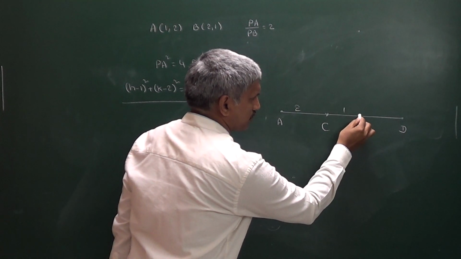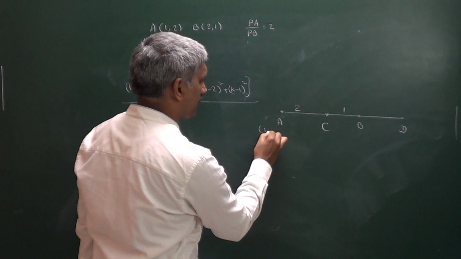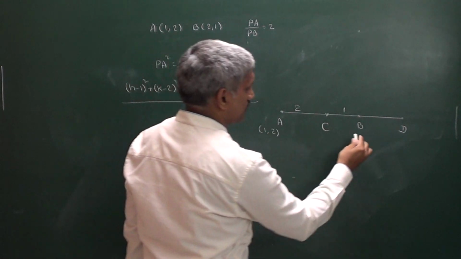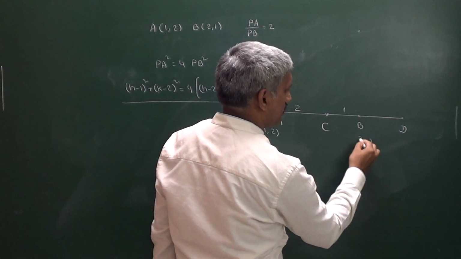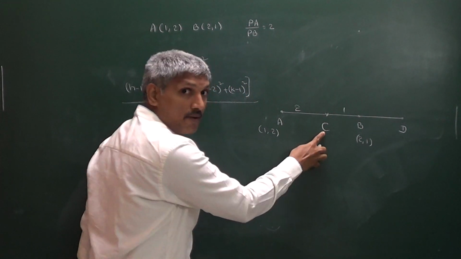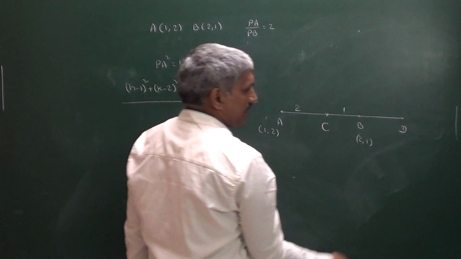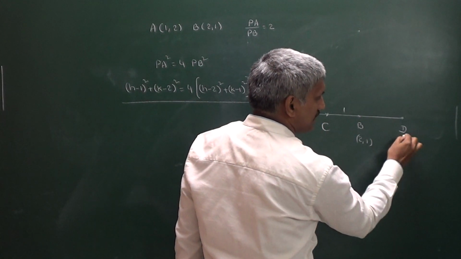So now here this point is A and this point is B. Those are the 2 points given for us, (1, 2). The other point is given (2, 1). I hope everyone knows how to find the coordinates of C. By using the section formula, you can find the coordinates of C. Next, you can find the coordinates of D also.